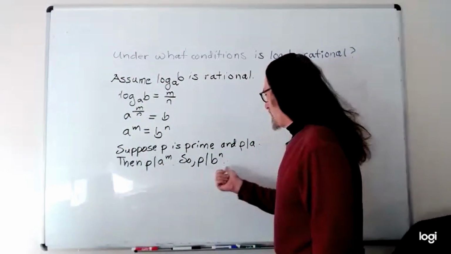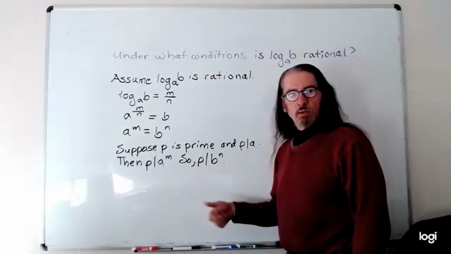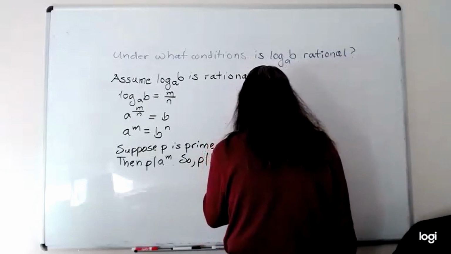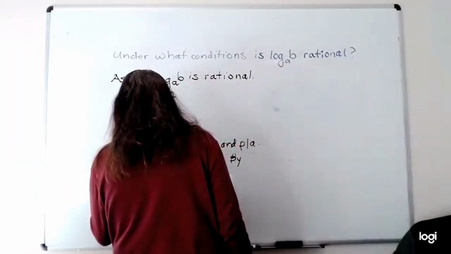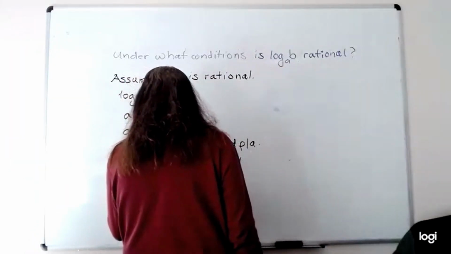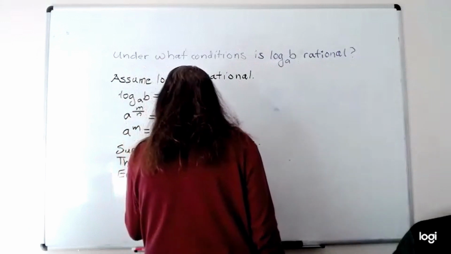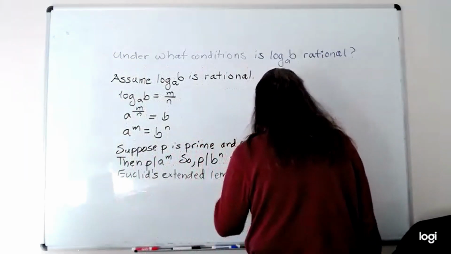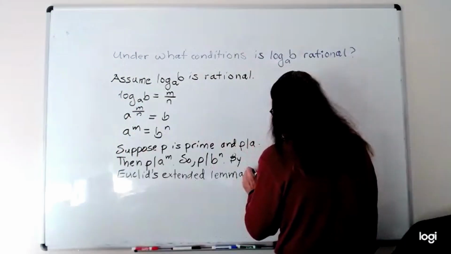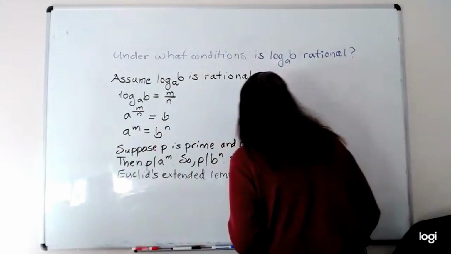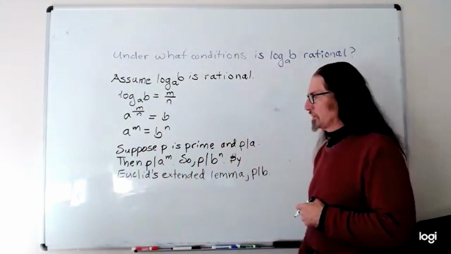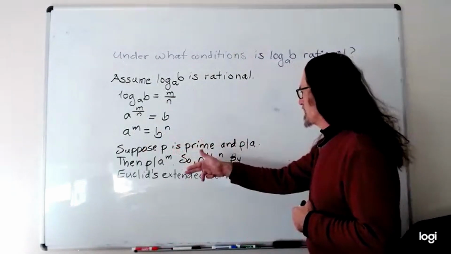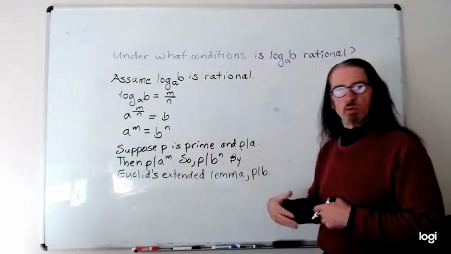But if p divides b to the n, then by the extended Euclid's lemma, p divides b. And without loss of generality, we will also have that if we have a prime p where p divides b, then p will also divide a.